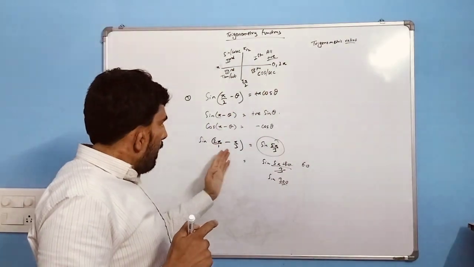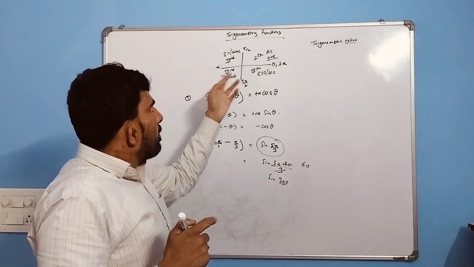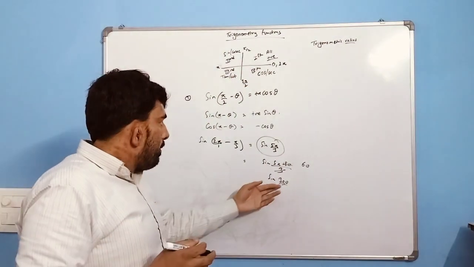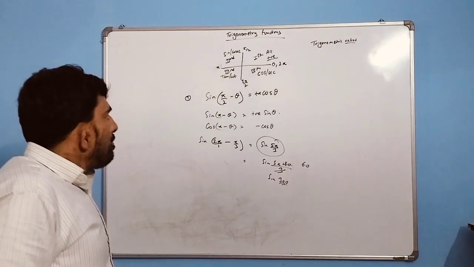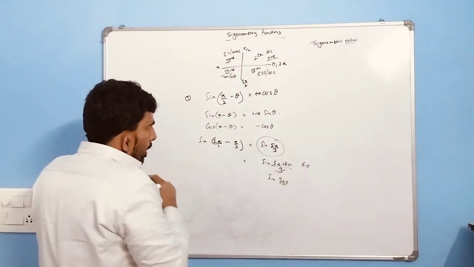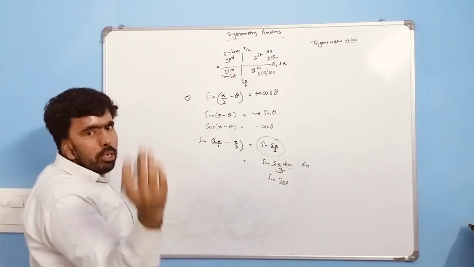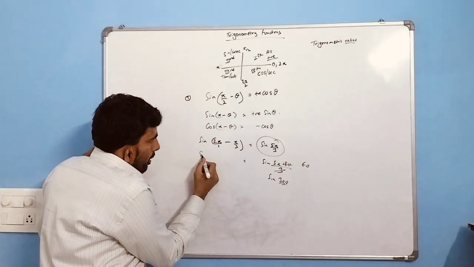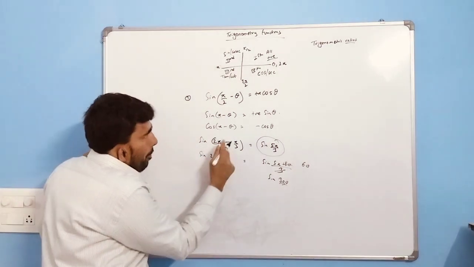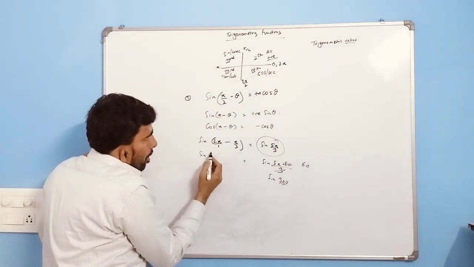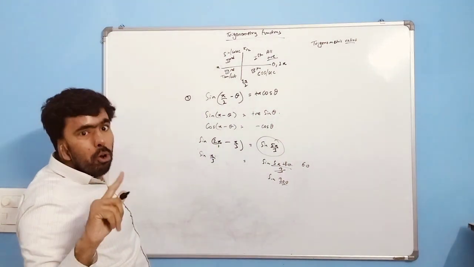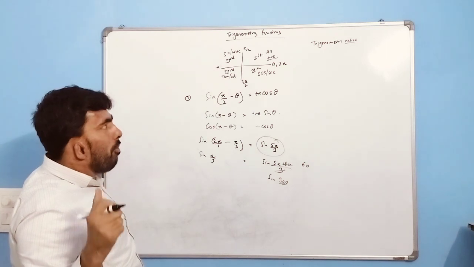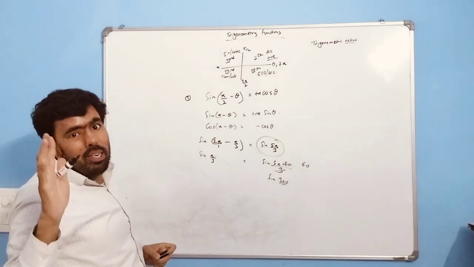See, we can easily identify in which quadrant the ratio is, then we can easily write its value. Okay, so now we know that its value will not change. Let us find its value. So it will be sin of 2 pi minus pi by 3. I have already told you that at pi it will not change; the trigonometric ratio changes at pi by 2.